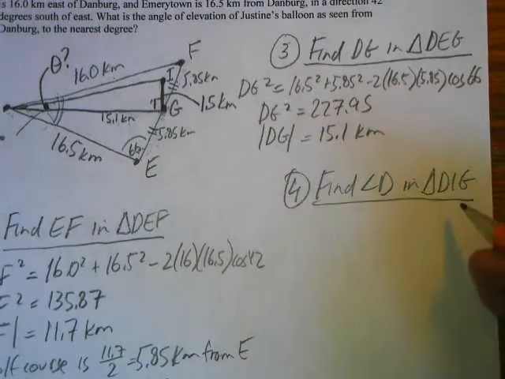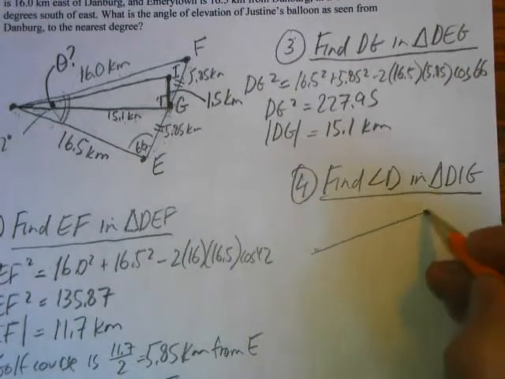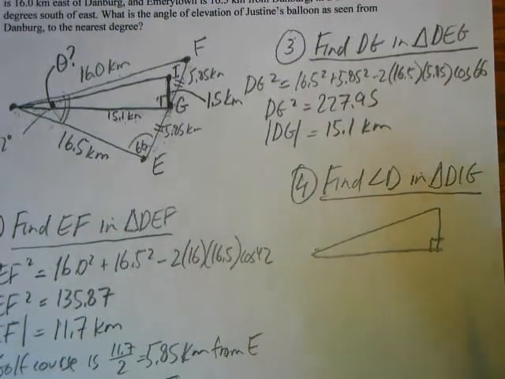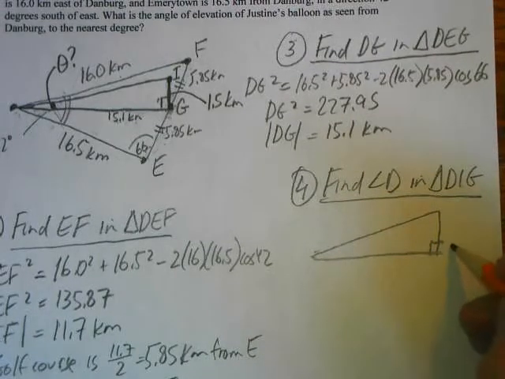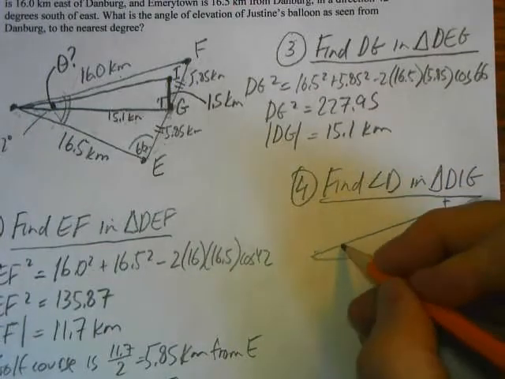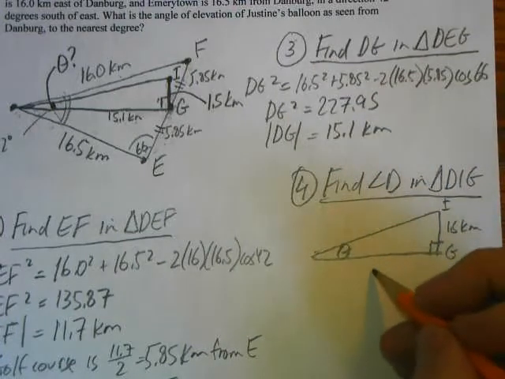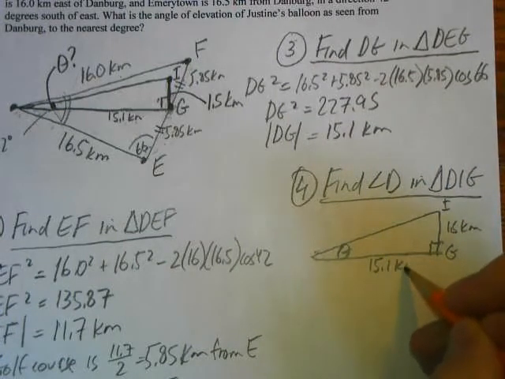So, yeah, let's just draw it again, just so you can see what we're working with there. So there's G, there's I. This is 1.5 kilometers. This is what we're trying to find, theta. And the other side we know 15.1 kilometers.